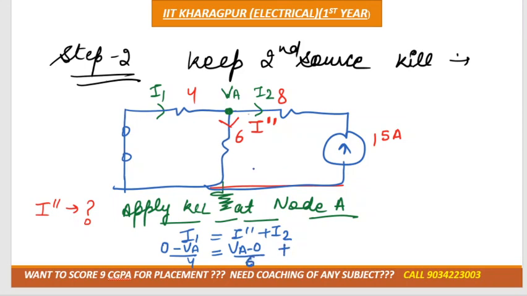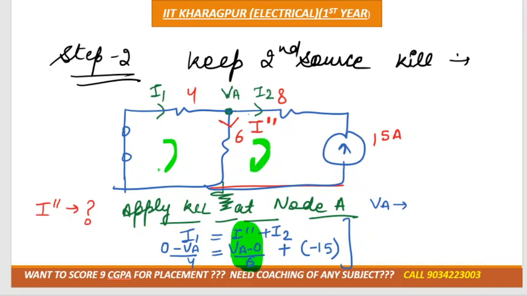And I2, tell me about I2, because the I2 direction and the 15 ampere direction are just opposite. So from this we can get the value for VA. Then substituting the value of VA in this equation, we'll get I double dash, right? We need to solve only one equation. If we do it by mesh analysis, we need to solve two equations. Again, that would be complicated.